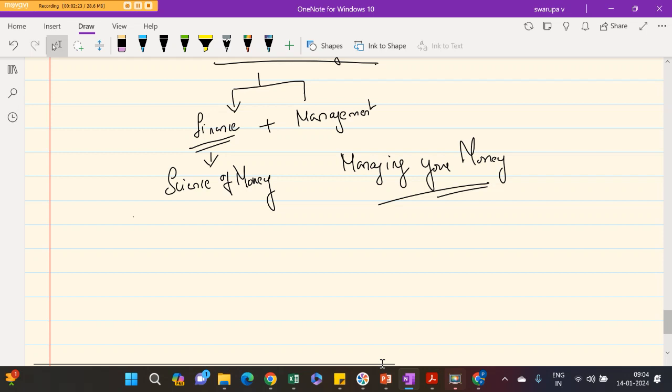We'll take the example of a textile industry. So I am having a textile shop.